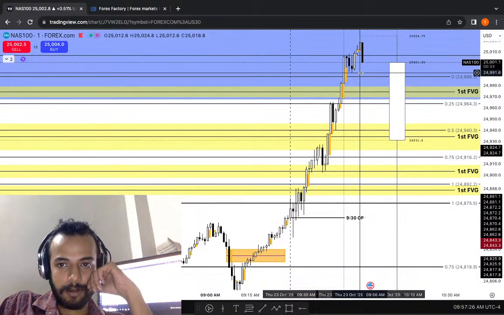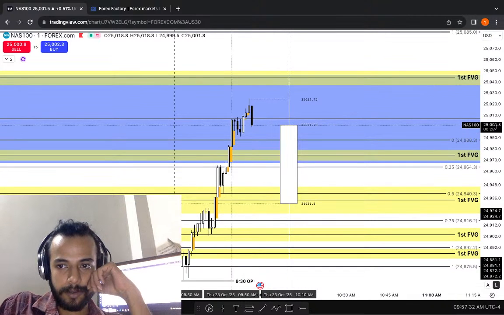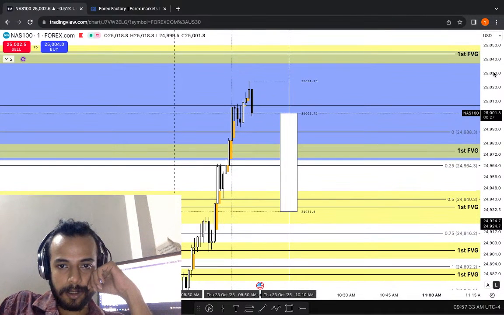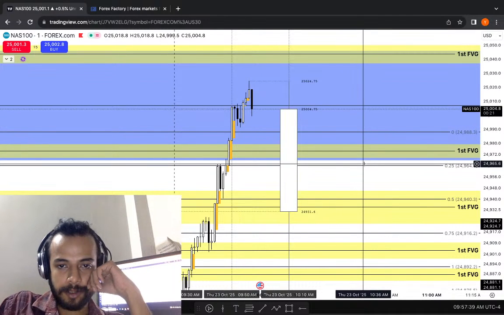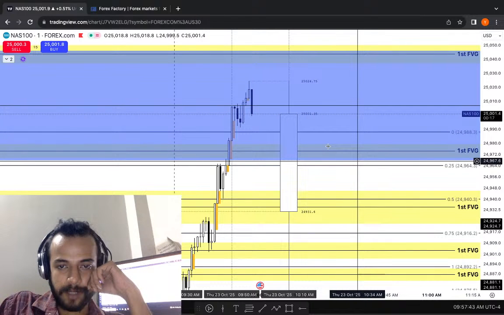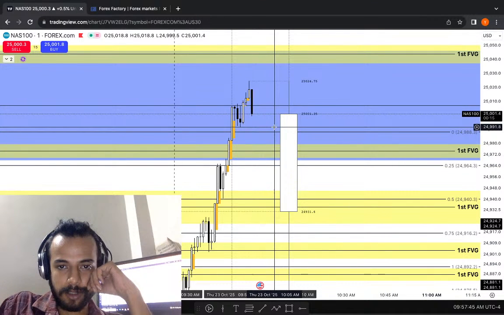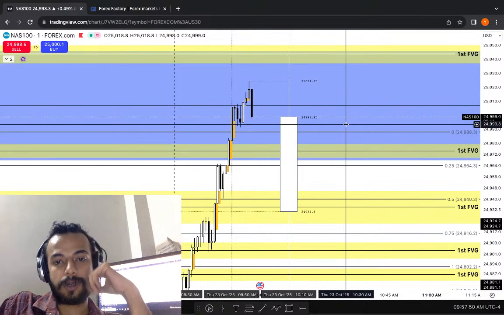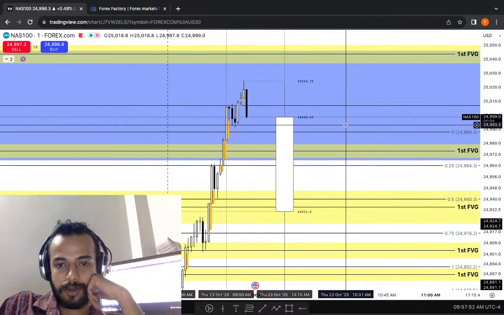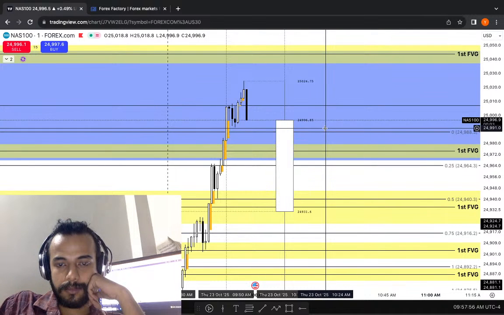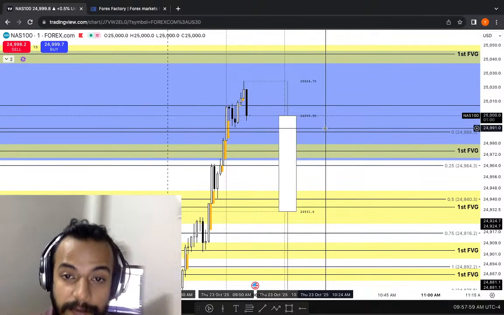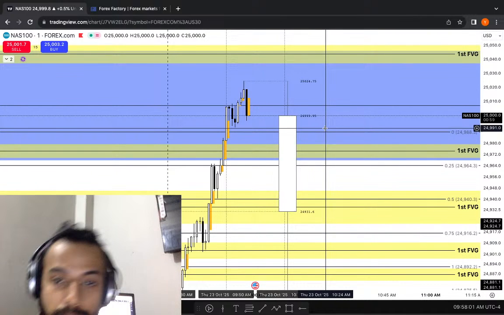Now it should at least break this, then I will start to look for lower prices. It should break this low, then that will be a shift in market structure. If it does that, then it's good. Otherwise, these three candles are going to support it higher, but I don't think it's going to do that now.